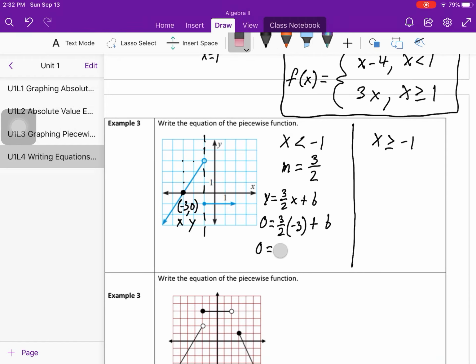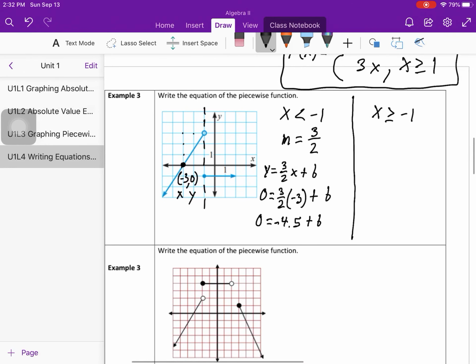That might just be a little bit easier for this one. Plus b. And then I just add 4.5 to both sides. And we get b equals positive 4.5 or 9/2 if you kept it as a fraction. So the final equation on the left side is y equals 3/2 x plus 4.5 or 9/2. Either one would work.